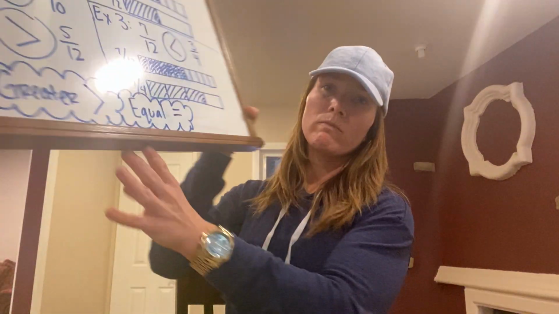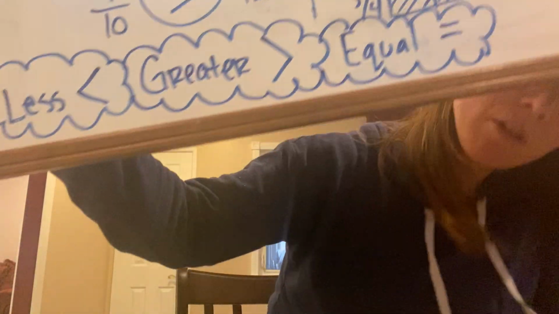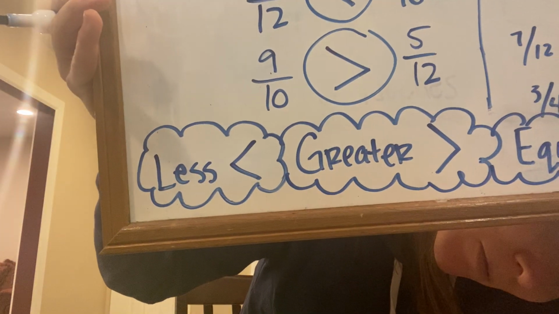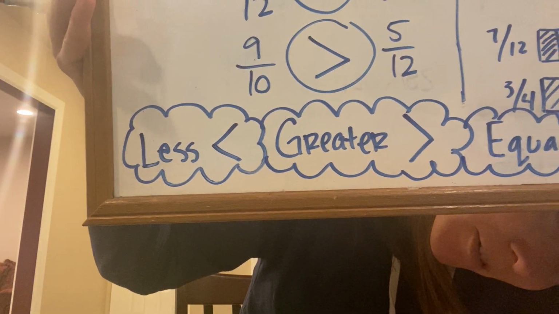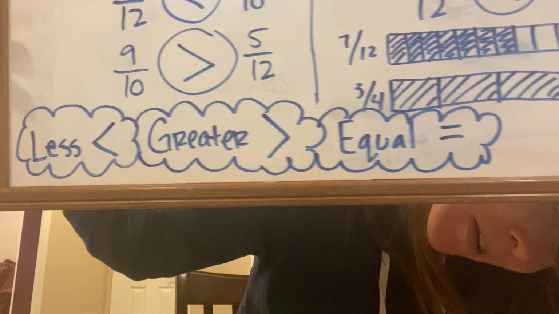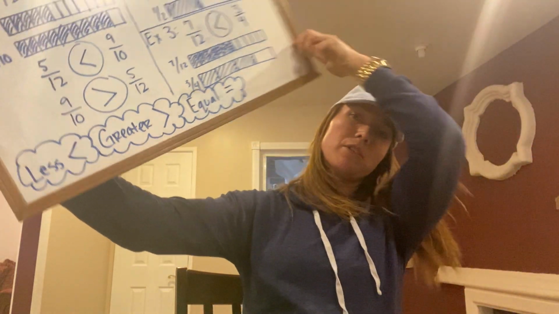I'm sure all of you remember what the equal sign looks like. So one little tidbit for those of you that forgot: less than is pointing in that direction. Greater than, I always say, is like a crooked 7, and the equal sign, hopefully you guys know what the equal sign looks like. So less than, pointing to the left; greater than, pointing to the right, or I always say a crooked 7; and then equal is just 2 lines that are parallel to each other.